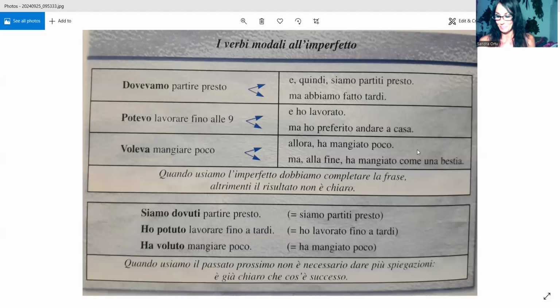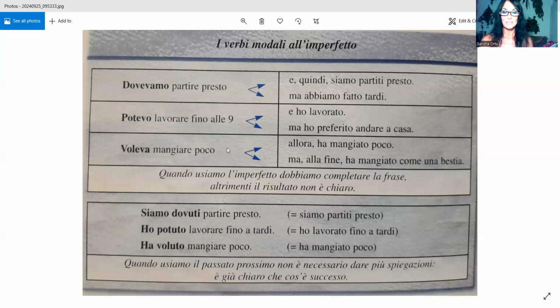So this person was wishing, was wanting to eat a little. But did he? And so he did. He did eat little in the first option. However, in the second option, he wanted to eat a little bit. However, in the end, he ate like a beast.